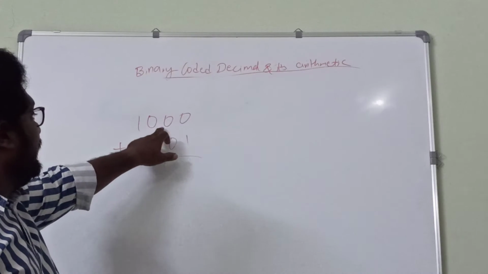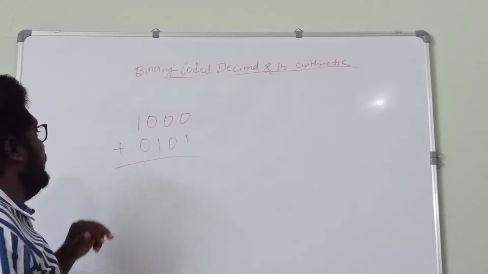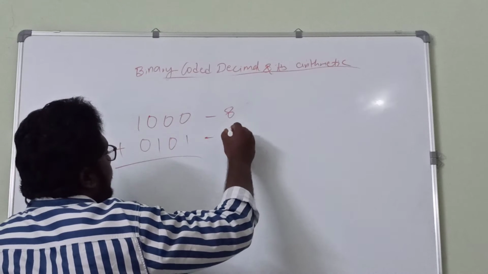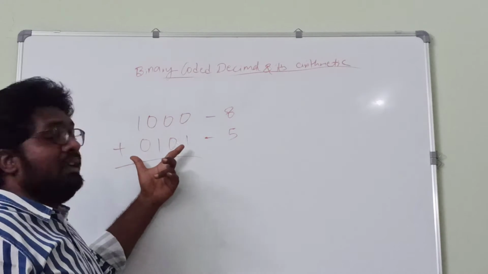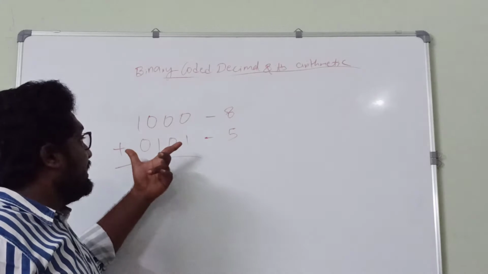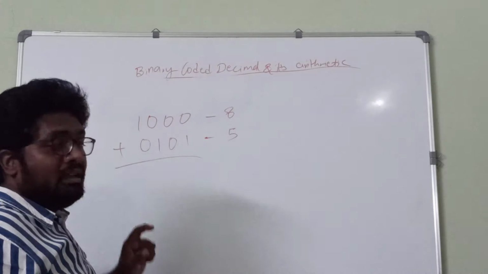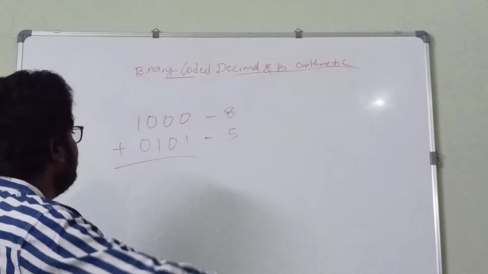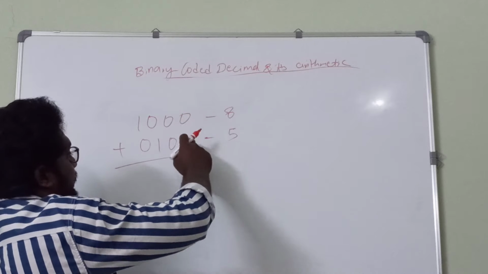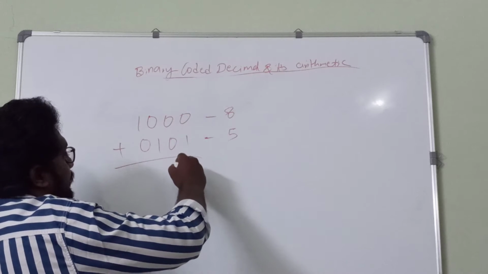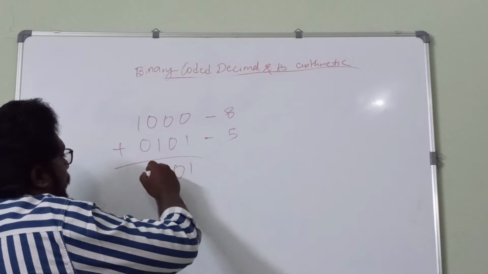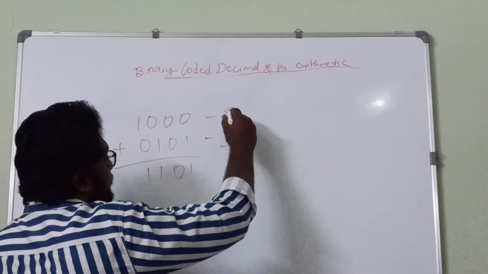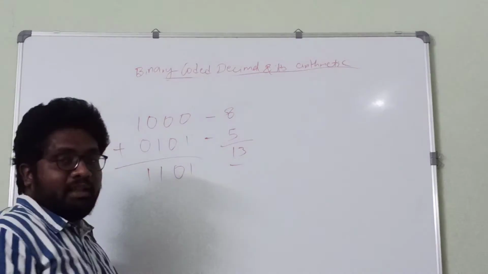The decimal equivalent of 1000 is 8 and of 0101 is 5, which are less than 9, so these two numbers are valid BCD numbers. So our first rule is applied here. Adding, 0 plus 1 is 1, 0 plus 0 is 0, 0 plus 1 is 1, 1 plus 0 is 1. So on adding 8 plus 5 we get 13.